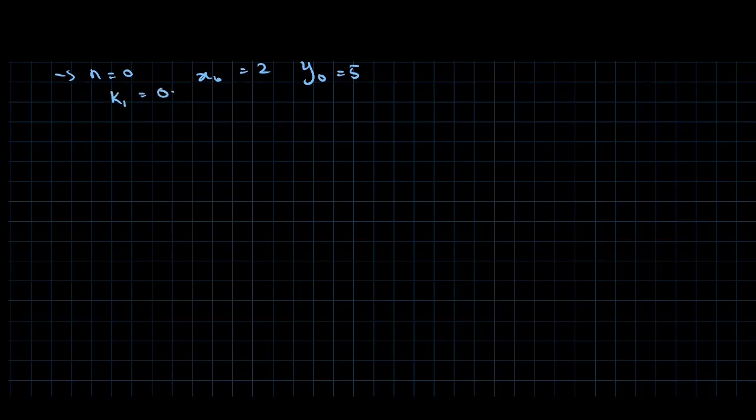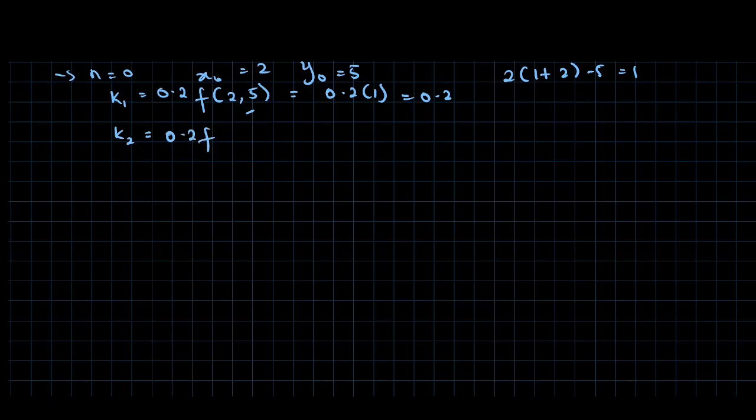So k1 is equal to 0.2 f of xn and yn, in this case 2 and 5. This is going to become 0.2 times 1, because if you put it into the equation, it will be 1 plus x squared minus 5, which is equal to 1. So it's going to be 0.2 for k1. Then k2 is equal to 0.2 f of 2 plus 0.2 over 2, that is xn plus h over 2, comma yn plus, in this case, k1 over 2.